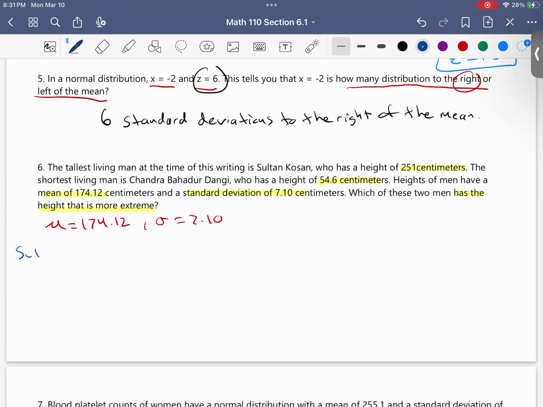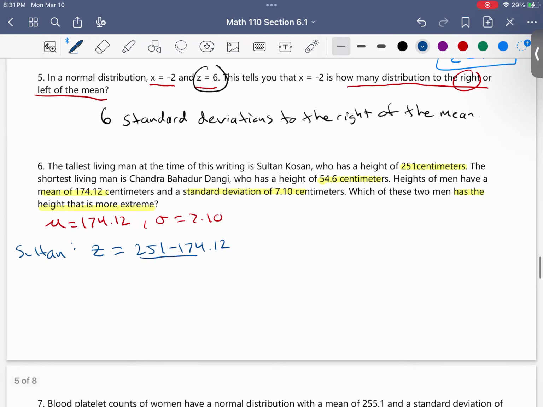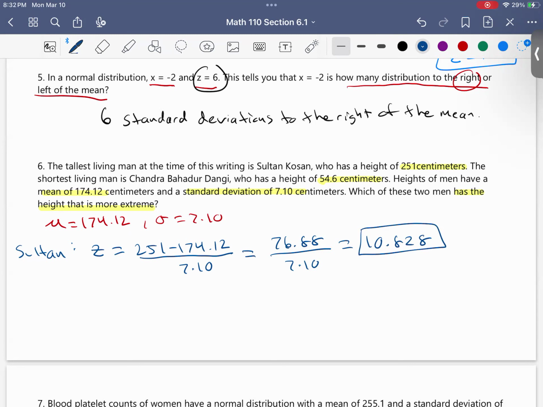So Sultan is going to be z equals 251 minus 174.12 all over 7.10. So this ends up being 76.88 over 7.10, which is 10.828. Okay, so that's Sultan's z-score.